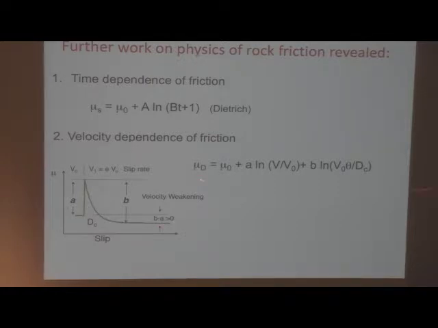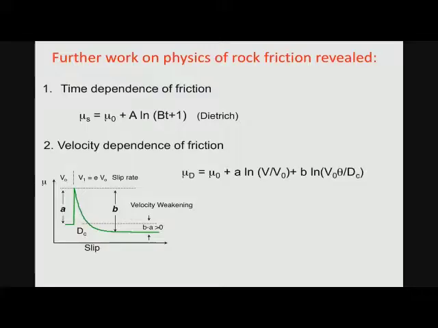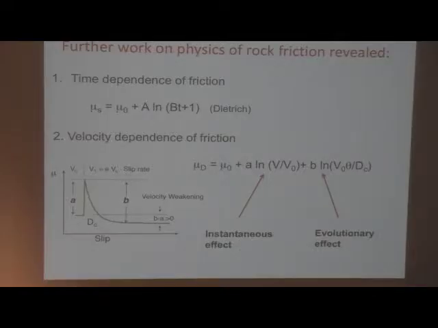Okay, and here's an expression. Now we're looking at dynamic friction because the rock is moving. This part of the expression describes this instantaneous increase, and this part is called the evolutionary effect, this decrease, where theta is a state variable.